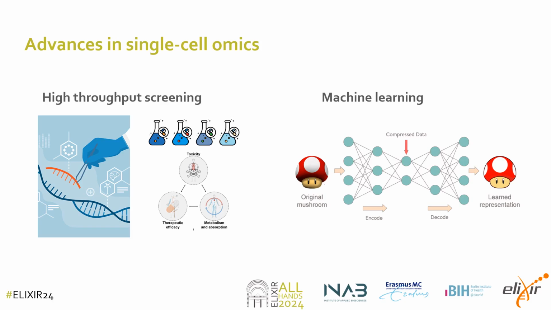You can also apply high-throughput drug screening to see how these cells respond to external stimuli. Furthermore, advances in AI are now able to make use of the very large data that is generated by these single-cell transcriptome experiments to be able to identify nonlinear relationships that we have not been able to profile in the past.